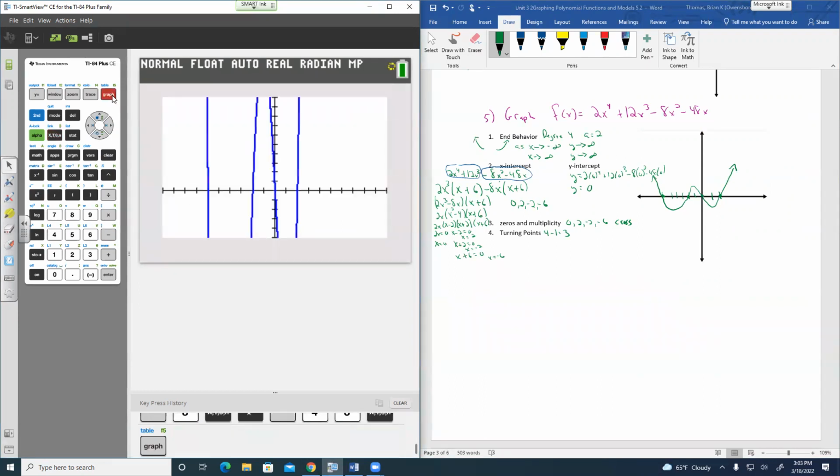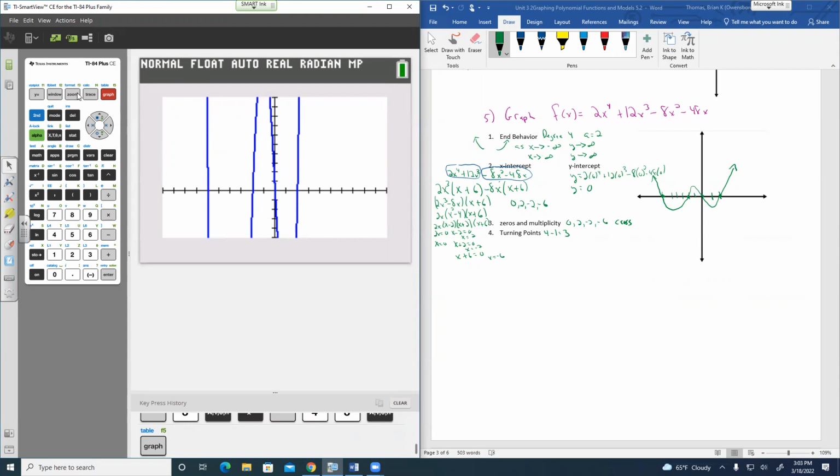Hit graph. Notice how on the far left, it's just much steeper than mine, but it crosses through that x-intercept of -6. It turns down here somewhere, comes back through -2, goes up really high again, and comes back through to the 0, turns back around and goes back up.